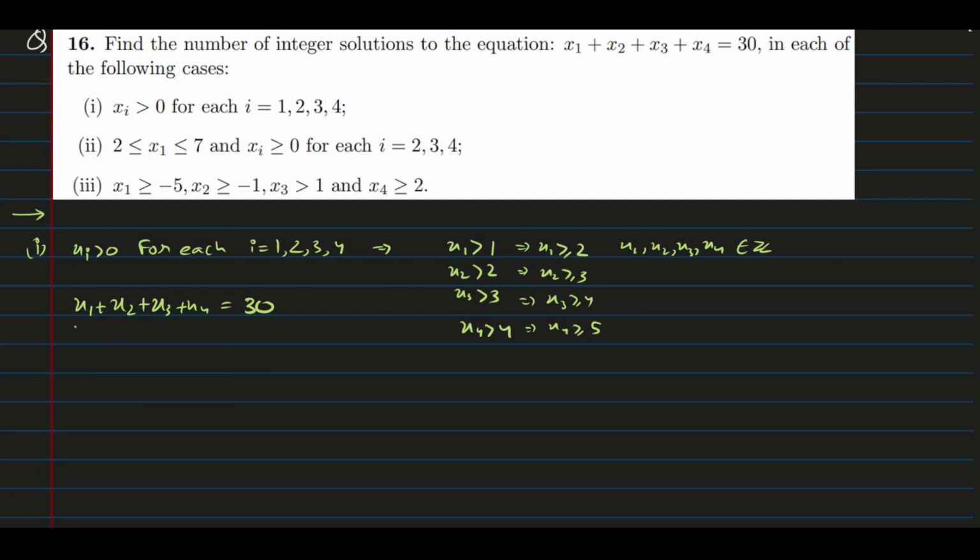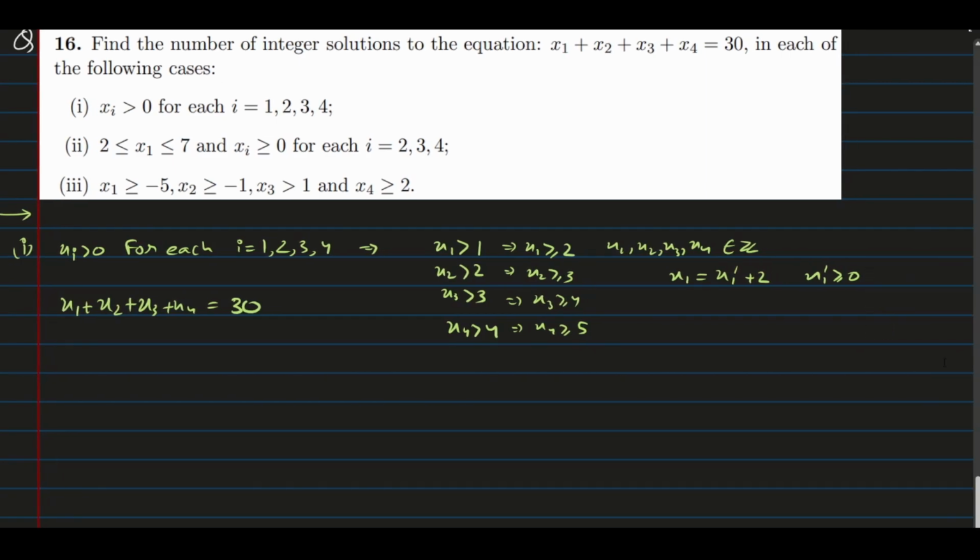We know x1 is greater than or equal to 2, so we can take x1 equal to x1 prime plus 2. Since x1 is greater than or equal to 2, x1 prime is greater than or equal to 0. The minimum value of x1 has to be 2, so x1 prime can take 0 and all the natural numbers.